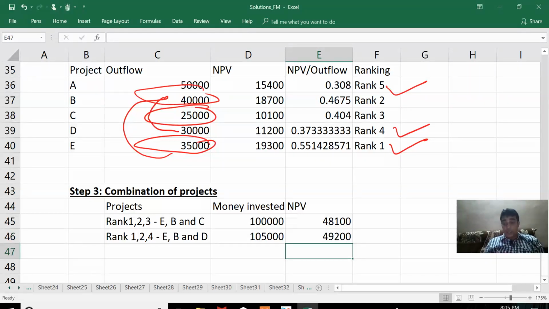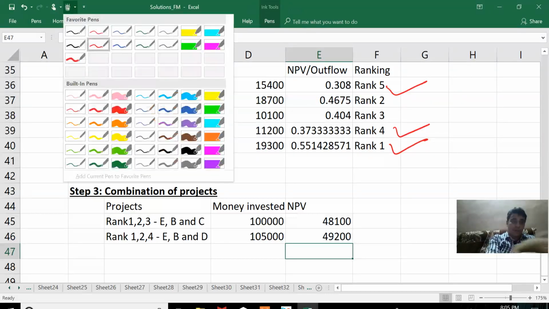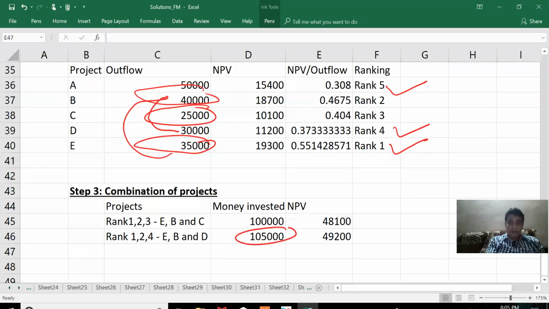Rank 1, 2, 3 we thought to be the best ranks, but rank 1, 2, 4 gives a better NPV. Reason is you are able to invest more money here. We are able to invest 1,05,000 vis-a-vis only 1 lakh in the earlier step.